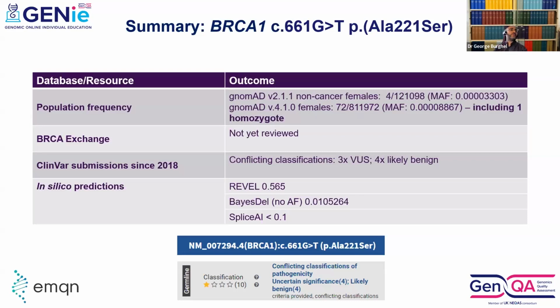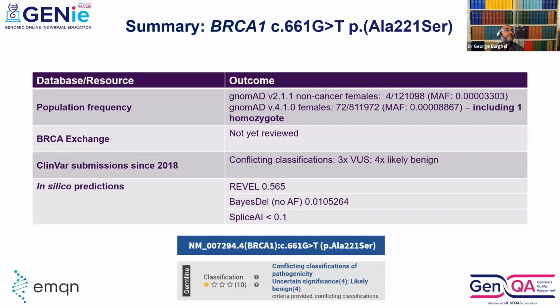It's not been reviewed on BRCA Exchange, and there are conflicting submissions on ClinVar, including a few likely benign ones. And listed there are the in silico predictions, REVEL, BayesDel, and SpliceAI.